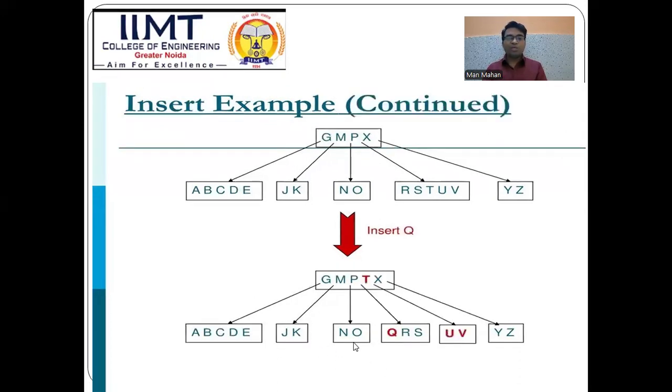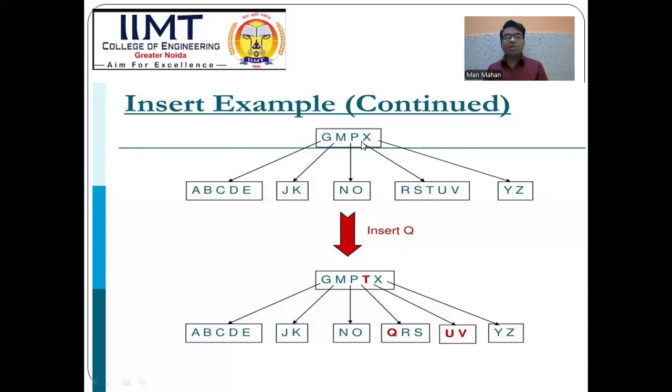Now we move on to the next slide. We insert A, B, C, D, and E. Now we take another example: insert Q. In the above example, we insert the value Q. When inserting the value Q, first of all we find its position.